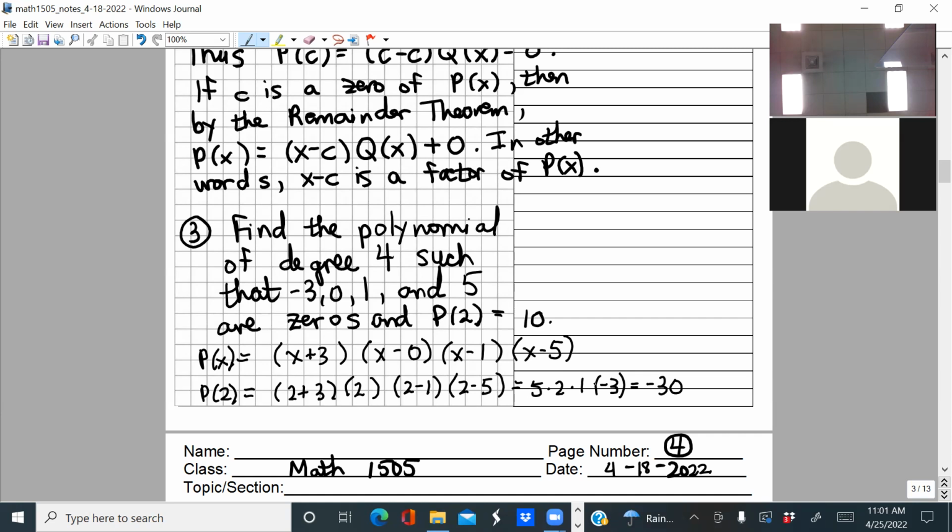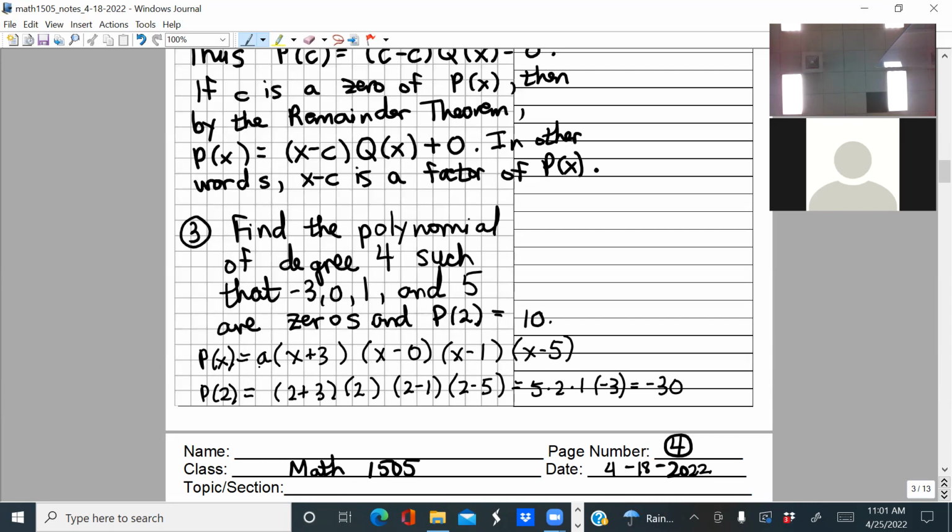Here's what we overlooked. Although when you factor this polynomial you get these parentheses of factors, we can also have one other factor in here. It cannot involve x though. So it's possible that we could have a constant factor multiplied by the x plus 3, x minus 0, x minus 1, x minus 5.